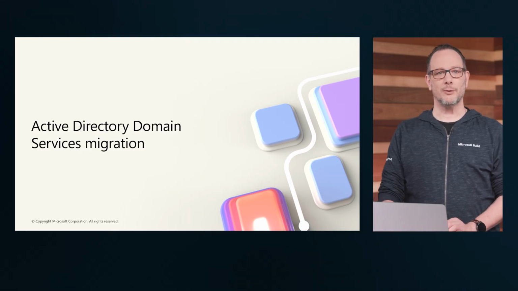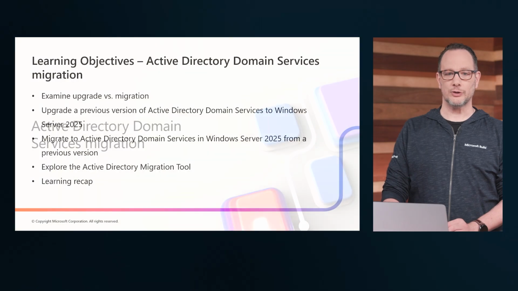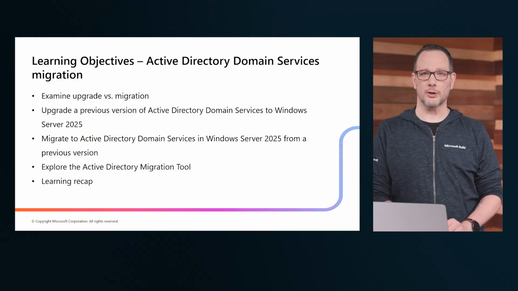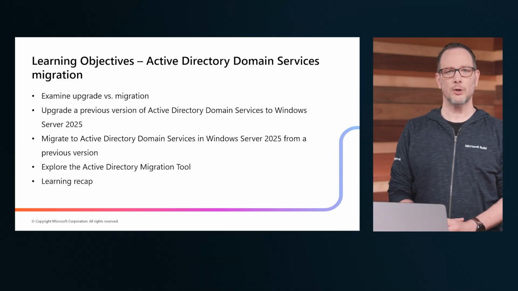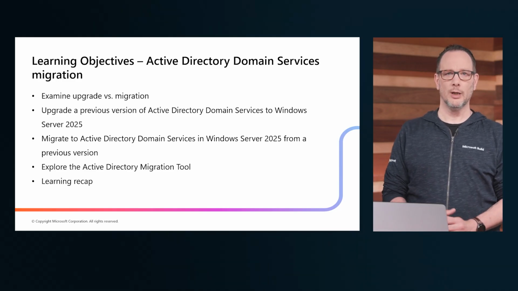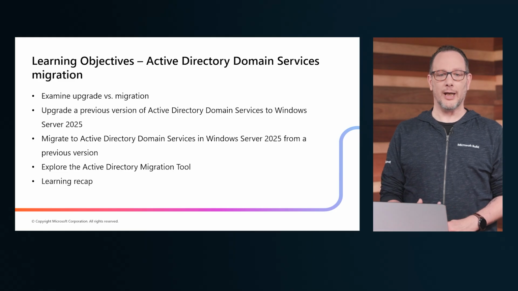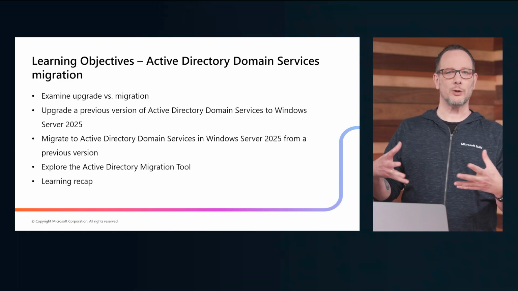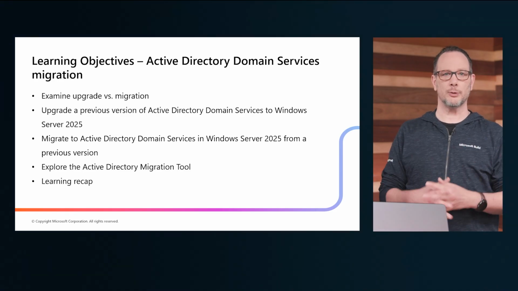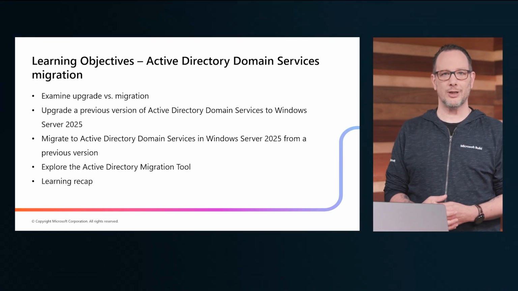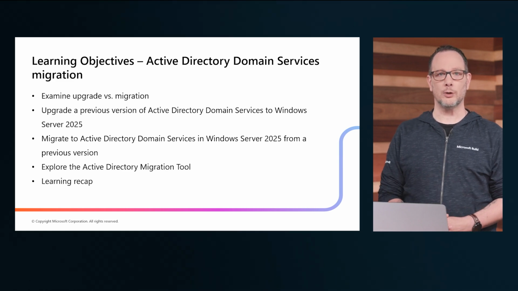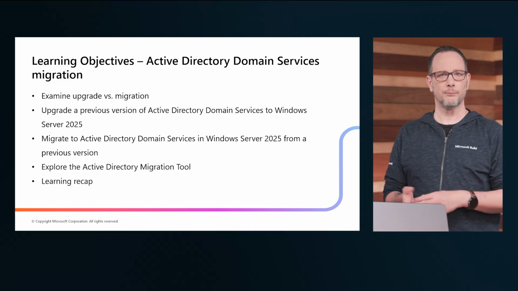So the first topic here is Active Directory Domain Services migration. Now, Active Directory is probably one of the crucial prime services you're going to run on a Windows platform. So before jumping into an actual migration, we're going to talk a bit about how to perform the planning and assessment, really doing that examination. Should we upgrade our servers or should we migrate from one virtual machine to another?